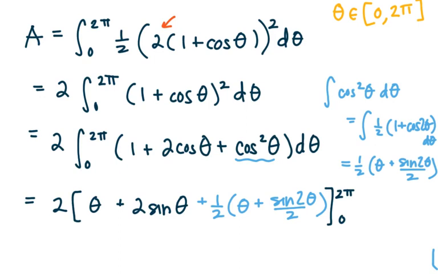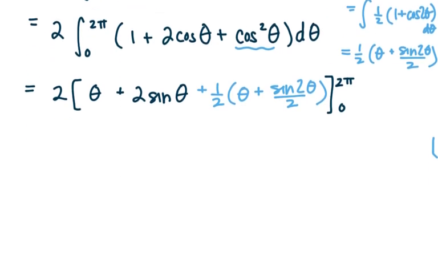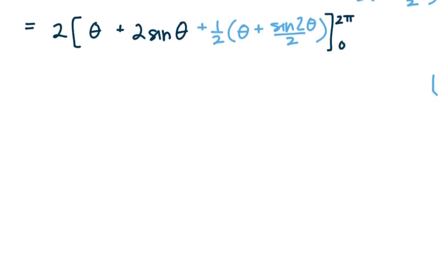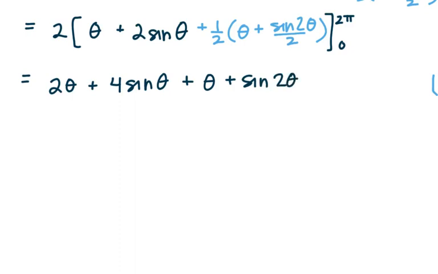So before I evaluate, I want to clean up in here a little bit. So I have 2 theta plus 4 sine theta. The 2 times the 1/2 goes away, so then plus theta plus sine 2 theta over 2.